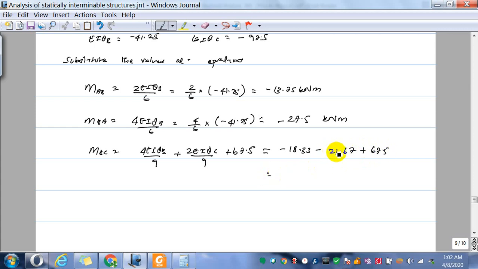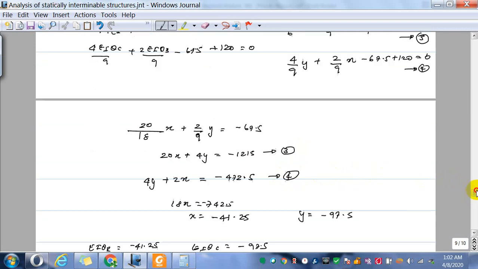So 18 and 21.67 in total, 18 plus 22 is 40. So 40 means it is 60 minus 40 plus 67.5, so that is plus 27.5.